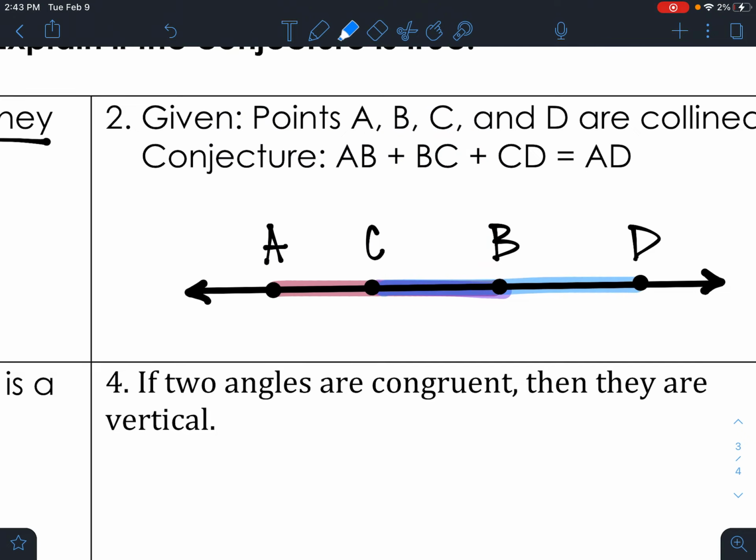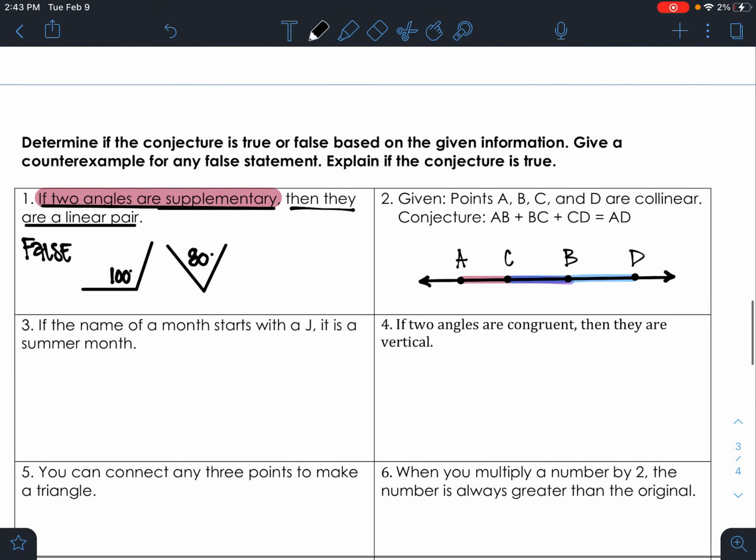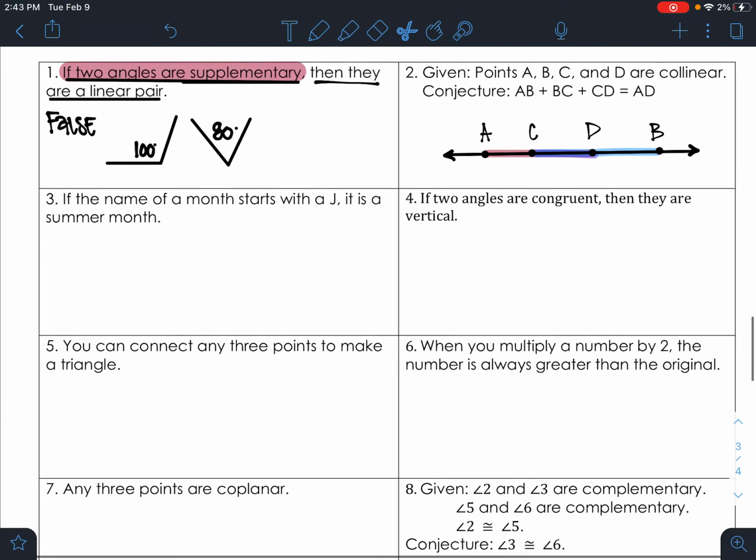And that's no, because you're going to be adding that in-between segment of BC 3 times. So this is a good counterexample. You could have another one too. You could flip-flop B and D, and that would be a good counterexample as well. There are many counterexamples for this.